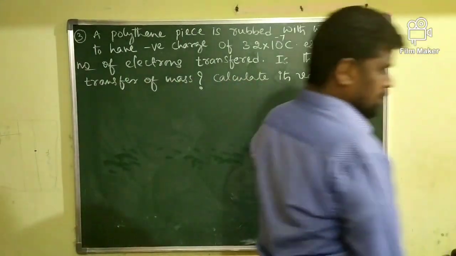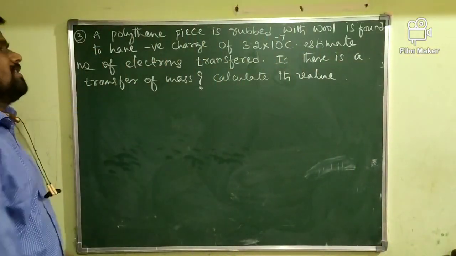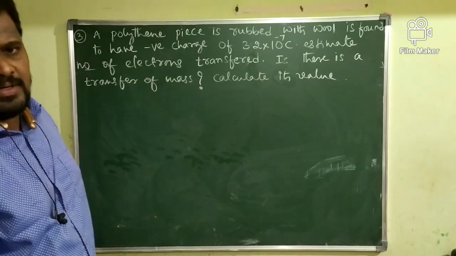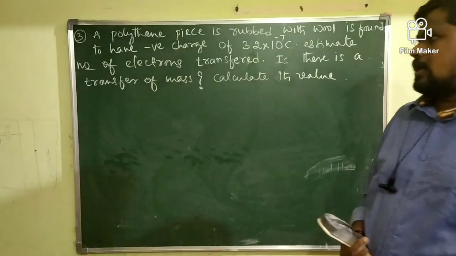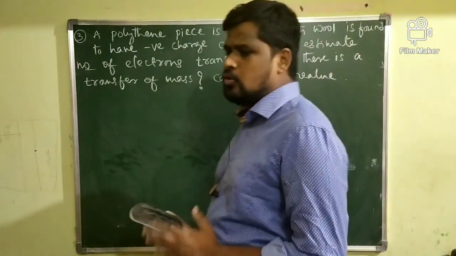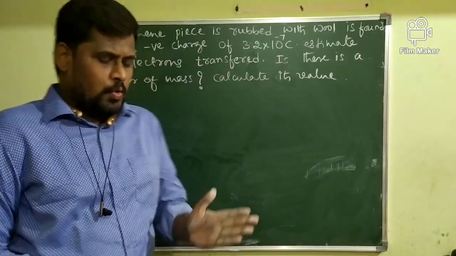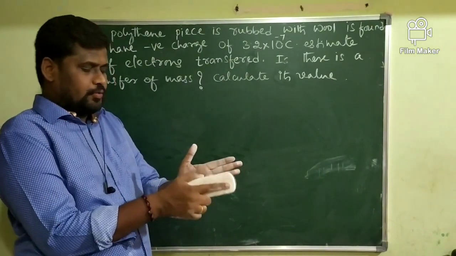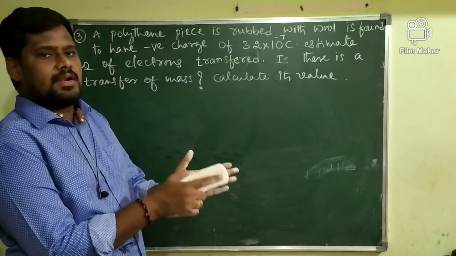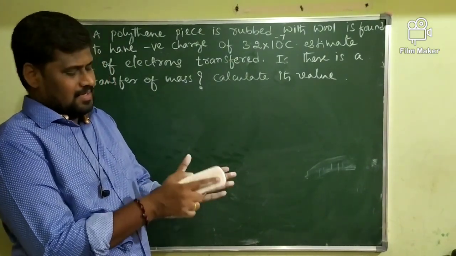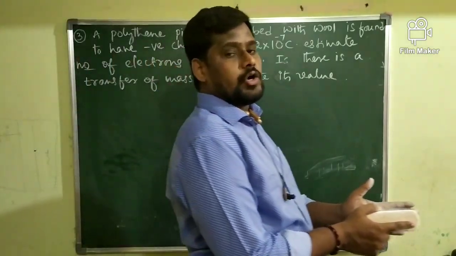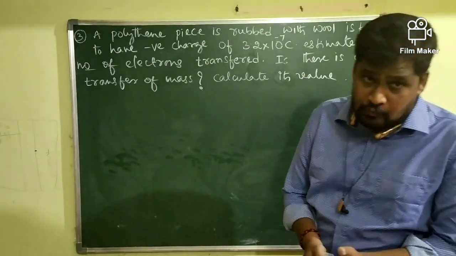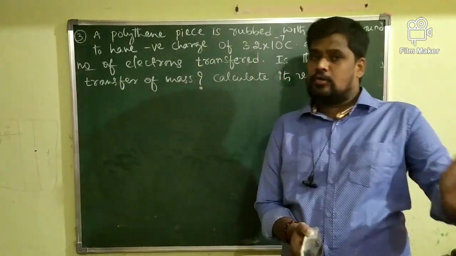Just to recall the process of charging here. How can charging be done? Charging can be done either by adding electrons or by removing electrons. When two suitable insulators are rubbed with each other, at the point of contact, the surface electrons get transferred from one insulator to what?